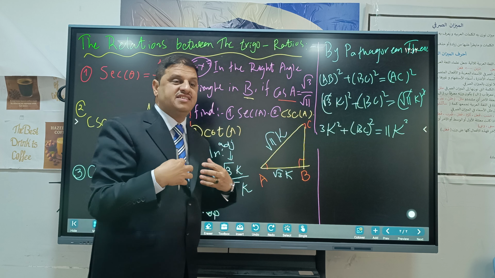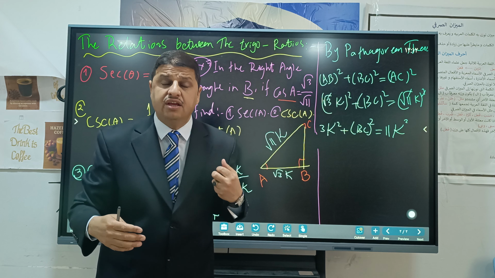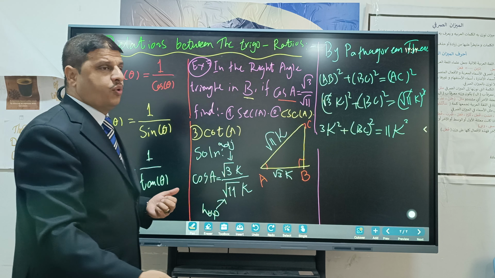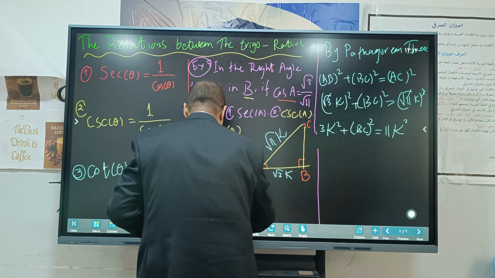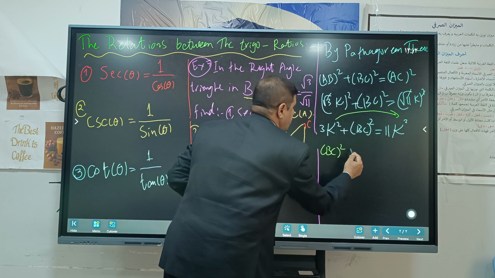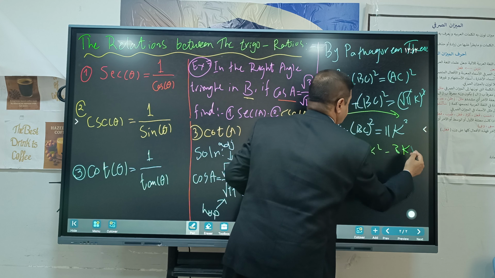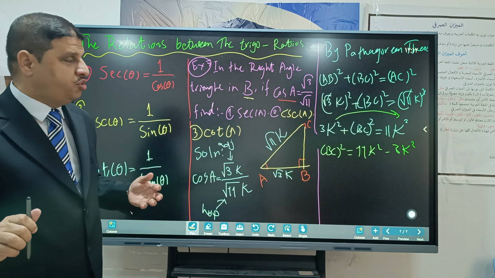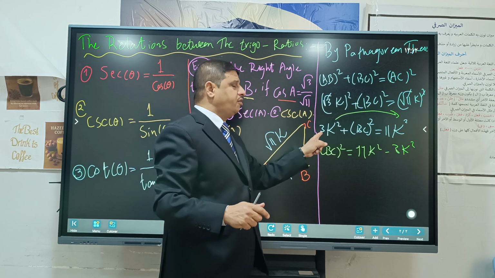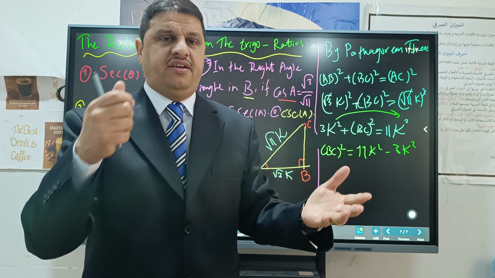Now, I am a smart student, when I want to solve any equation, I have to move all the constants to the right of the equation. I mean, I will move this to the other side. BC squared equals 11k squared minus 3k squared. Oh teacher, why did you write it with minus? Yes, of course, because the number 3k squared is positive, its sign is positive.